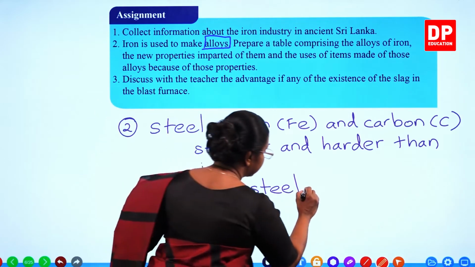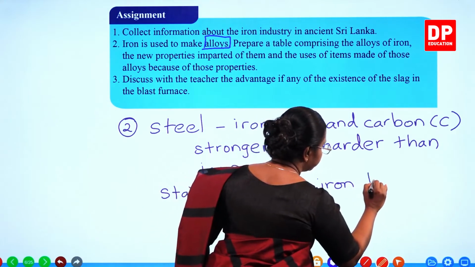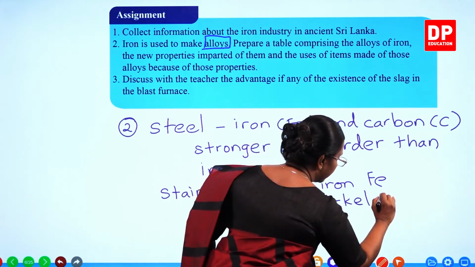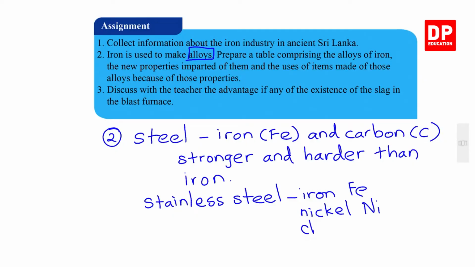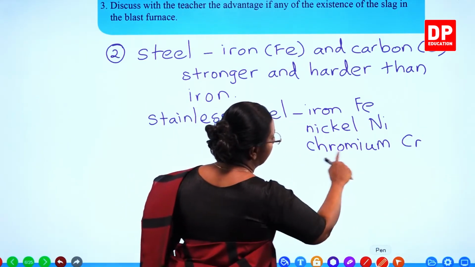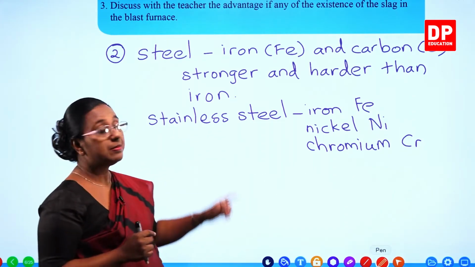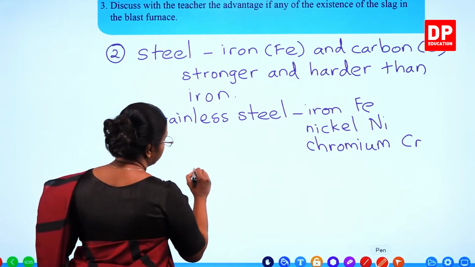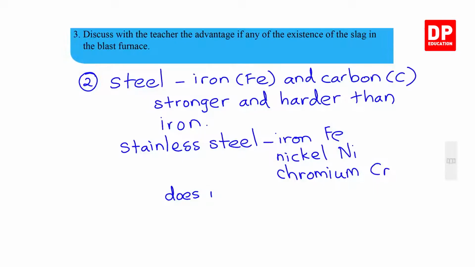So, here there is iron, Fe, then there is nickel, Ni, chromium, Cr. That is how we get stainless steel. Stainless steel is an alloy of iron with nickel and chromium. So, from the name itself, you know stainless steel does not rust easily.